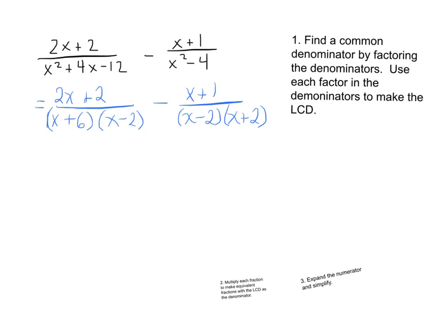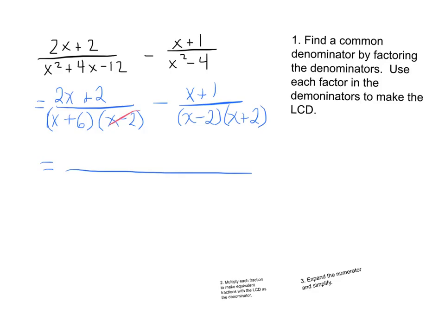So for the common denominator now, remember how we did it? These are already in their prime factorization form, so I'm not going to write it out again. I'm going to look at what's common in the two denominators. X minus 2.